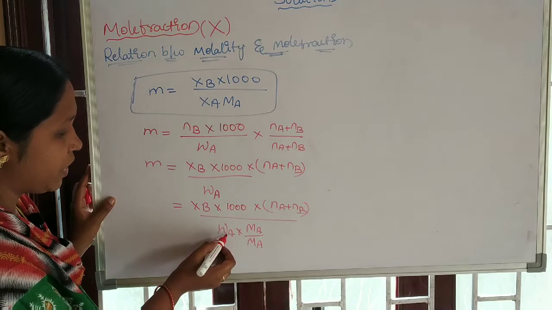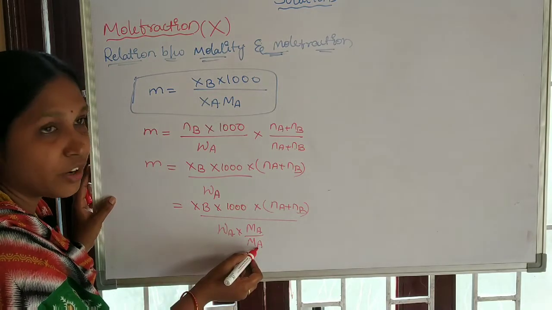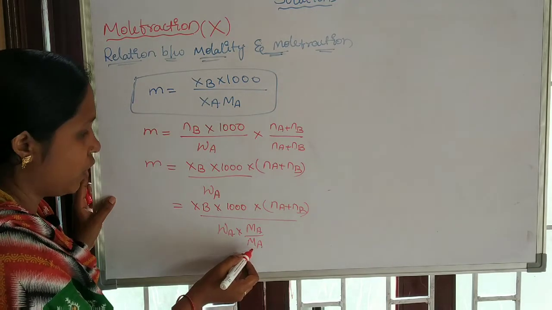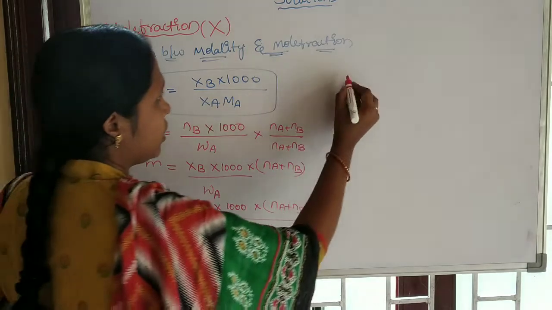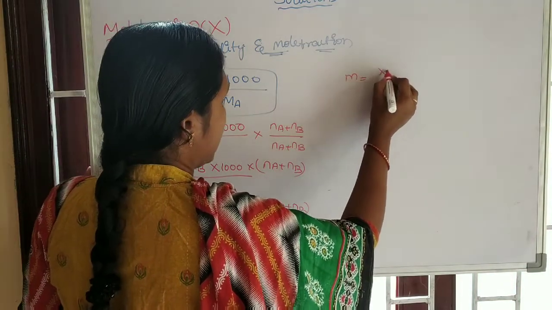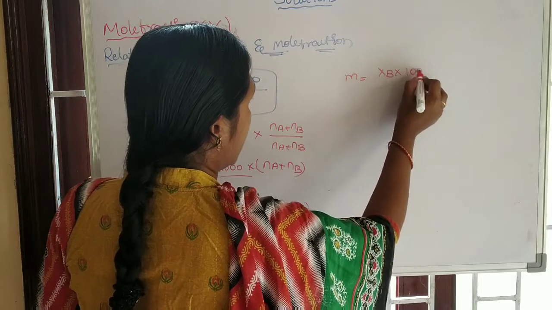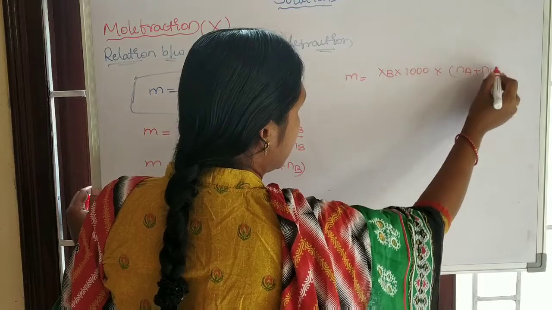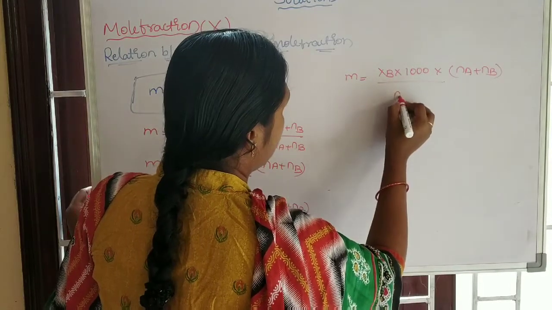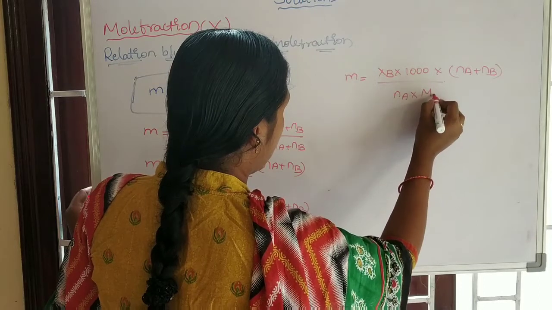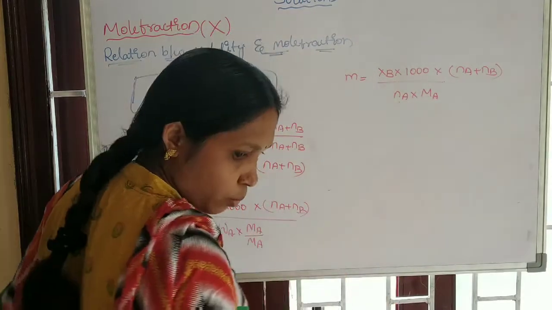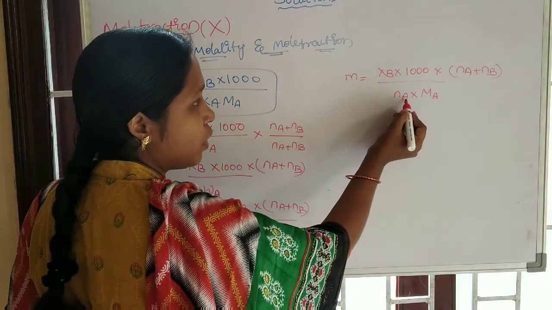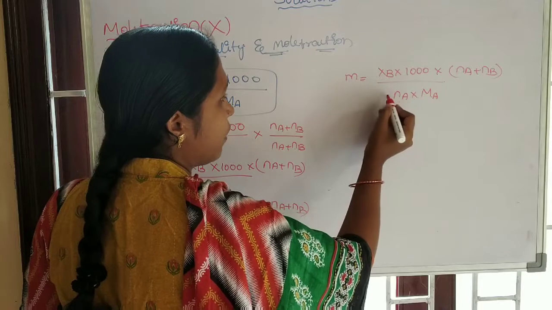You know, weight of a solvent by molecular weight of a solvent is nothing but the number of moles of solvent. So, write down small m is equal to Xb into 1000 into Na plus Nb divided by Na into Ma, number of moles of solvent into molecular weight of solvent.